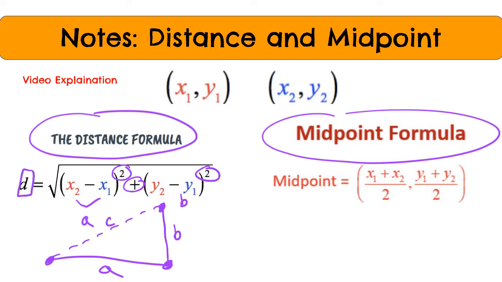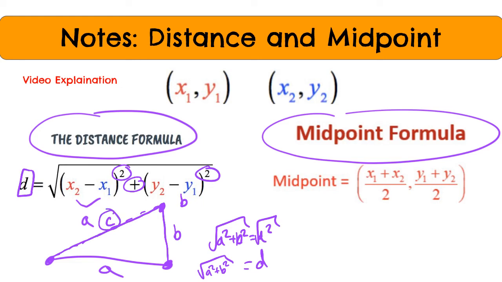Here it's called d because it's the distance. It's really just a squared plus b squared equals d squared, but we've taken the square root of that. So d is equal to the square root of a squared plus b squared. So the distance formula is really just Pythagorean theorem, finding out that diagonal.